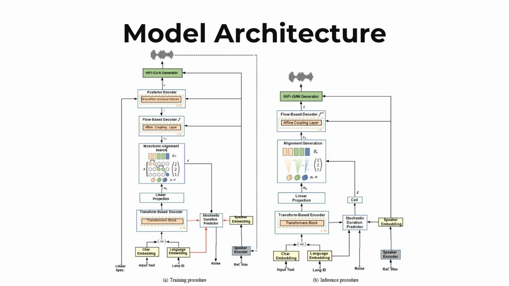Okay. Once we have the correct latent variable z, it is passed into the HiFi-GAN vocoder, which is used in the paper, and which finally converts it into a waveform that we can listen to. The vocoder ensures that the speech sounds high quality and realistic, like a human speaking.